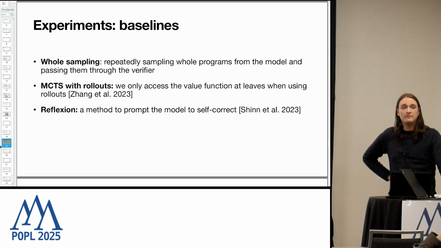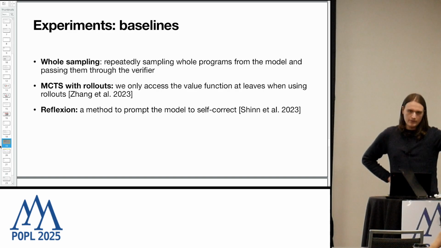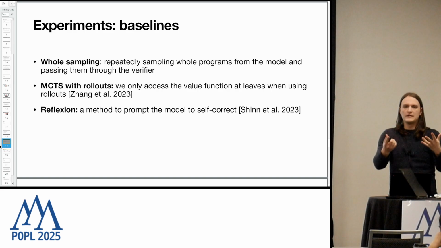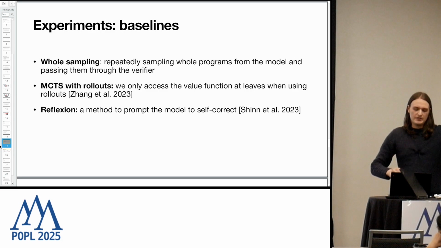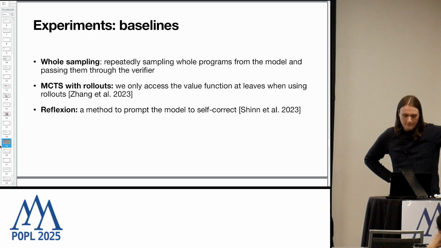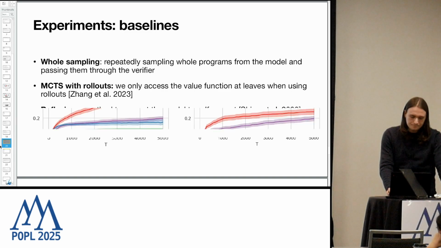The first is whole sampling. That's relatively similar to that intuitive approach I was just talking about for using ChatGPT and just pressing regenerate until it works. Then we use a more classic MCTS with rollouts. And then finally, we have reflection, which has the model print something and then feeds the verifier feedback back into the model, asking the model to self-correct.